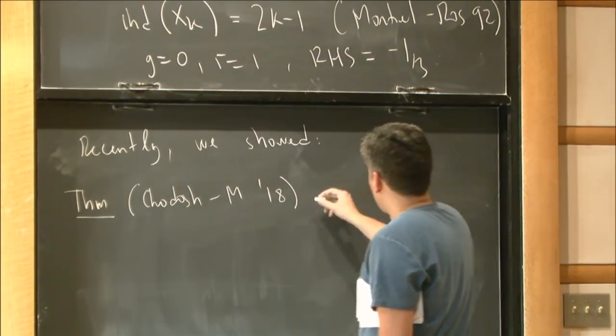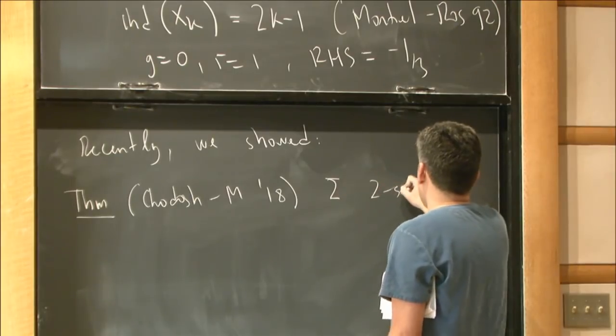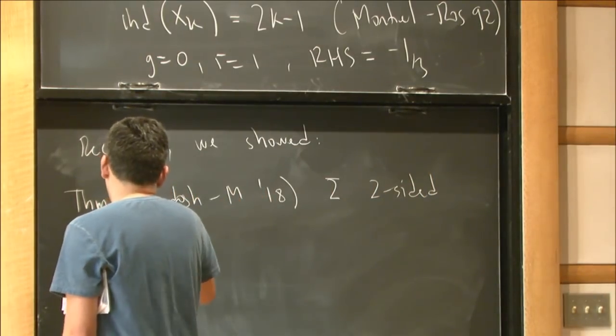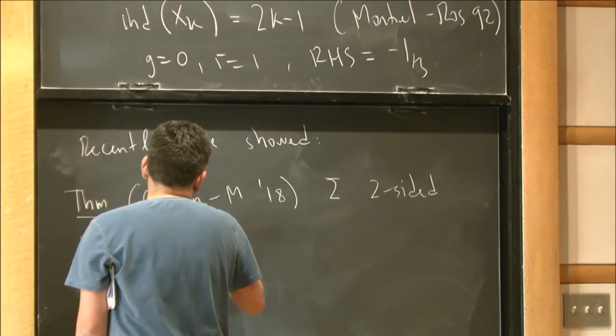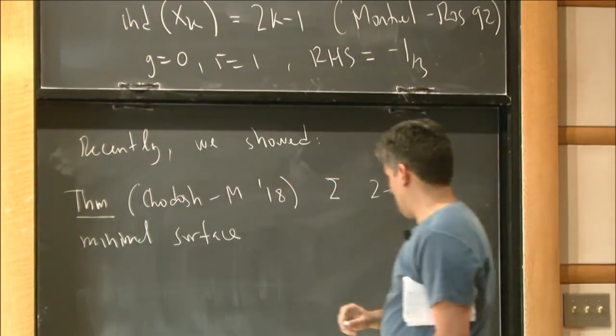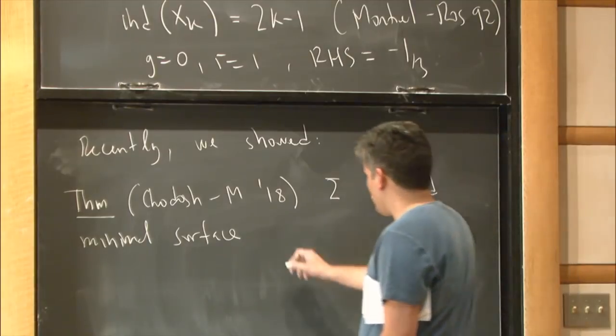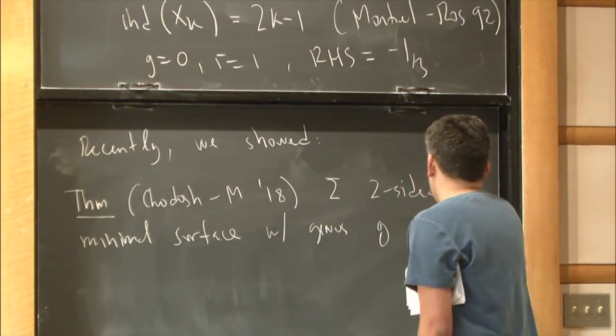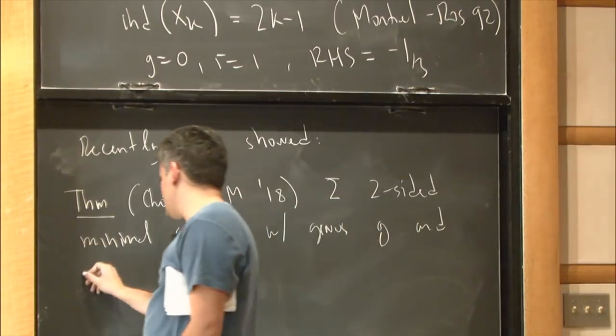So suppose sigma is a two-sided minimal surface with genus g and r ends.